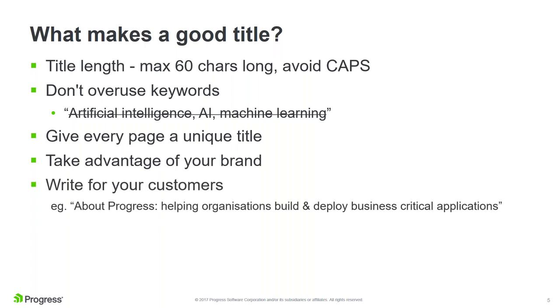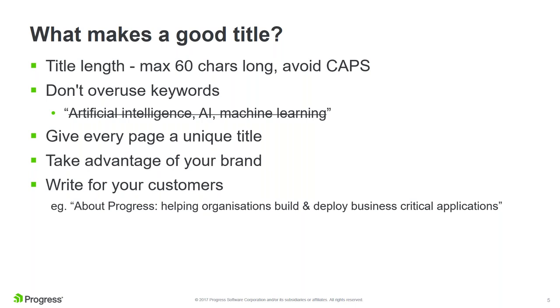Write specifically for your customers. So in this example on screen, we often see on common pages like home or about, the page title may be just "About", but you really don't need to do it. You can make it very explanatory and help the customer understand what it's about.